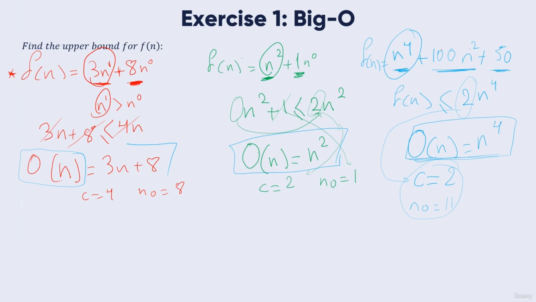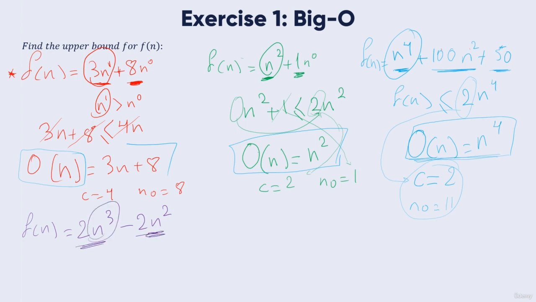Another example. Consider the function f of n equal to 2n cubed minus 2n squared. We have two terms here.